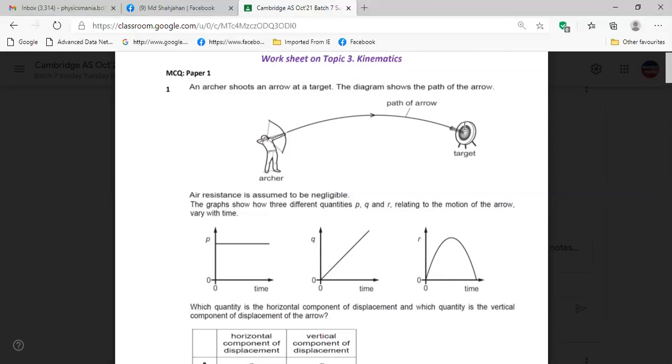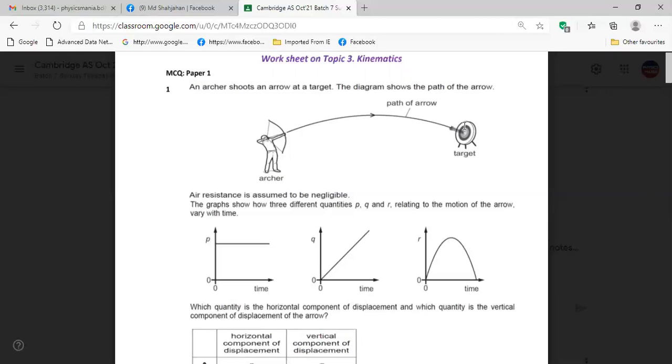During the horizontal component, we have the displacement, and that displacement is increasing, right? Horizontally the displacement is increasing, right? Yes, sir. Horizontally the speed is constant, right?